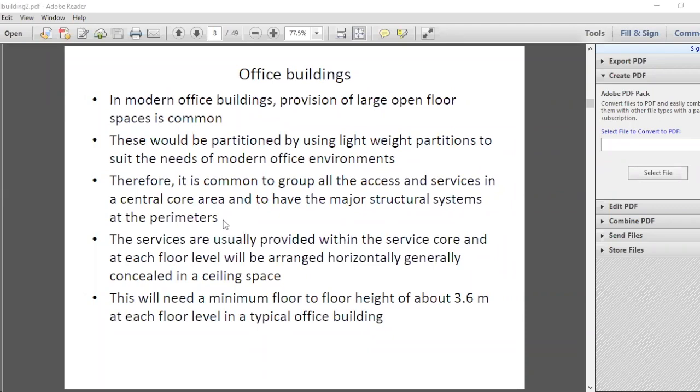It may not be strictly so in Sri Lankan conditions, but in many countries, because labor is so expensive, they have found flat slabs can be a very good solution. And sometimes you might go with two-way pre-stressing as well. So this way you can get a building that is shorter than a typical beam slab type building.